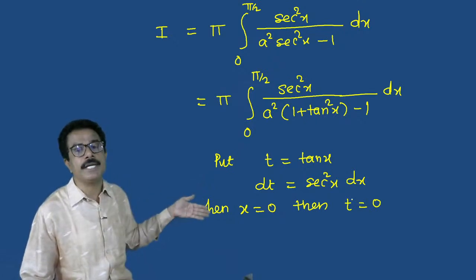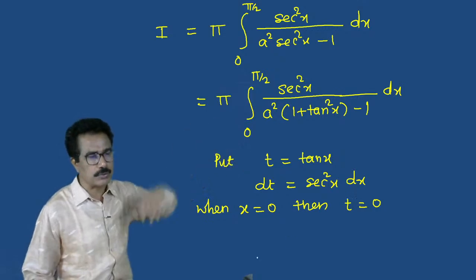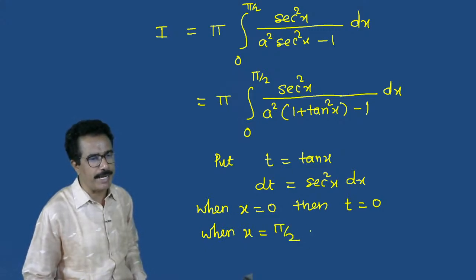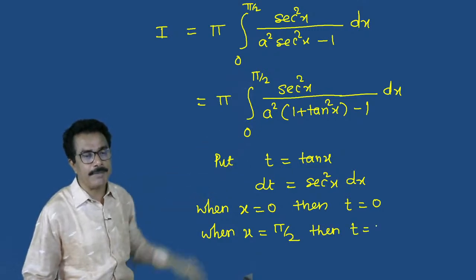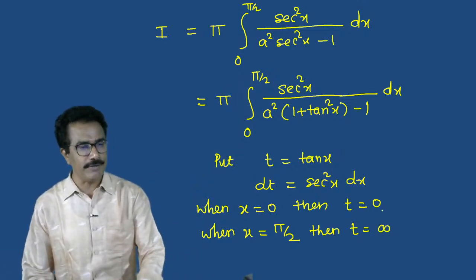We have to calculate the new limits for our given substitution t is equal to tan x. When x is equal to the upper limit, pi by 2, put in t, then t is equal to tan pi by 2, and tan pi by 2 means it will be infinity.